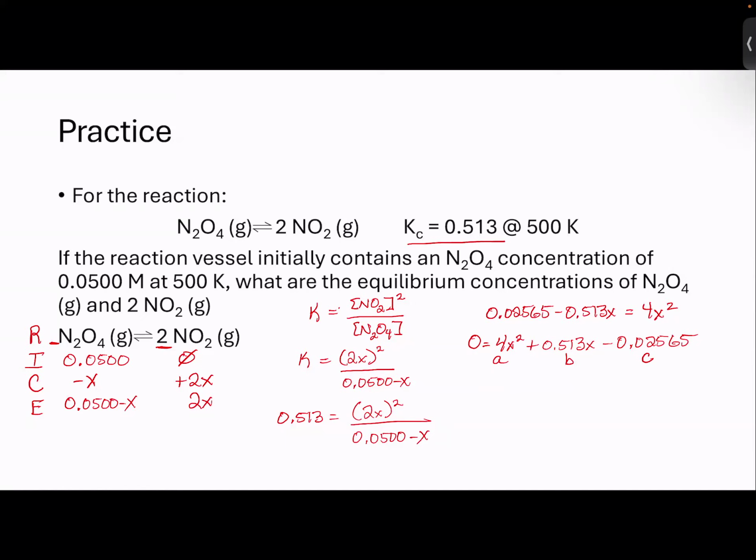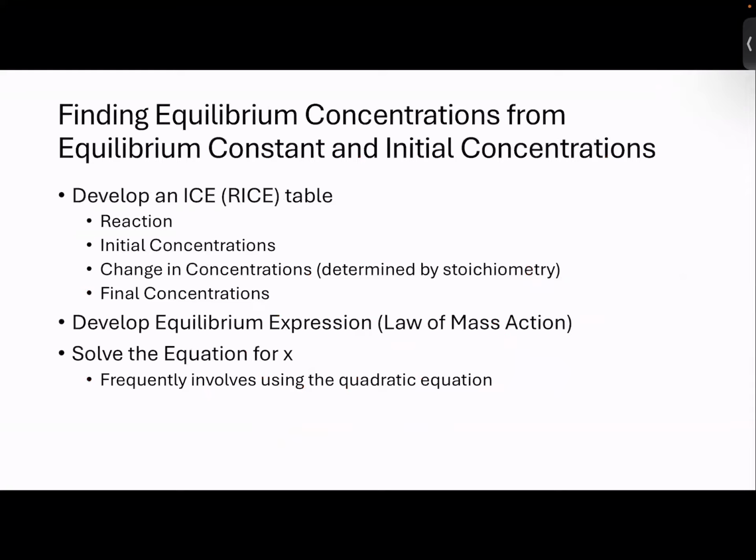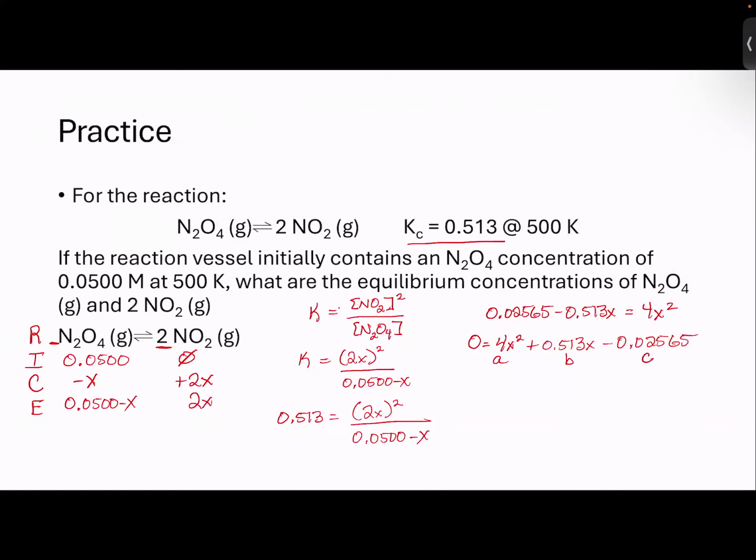So my A is 4, my B is 0.513, and my C is negative 0.02565. And when you solve your quadratic equation, you come up with two possible values. You'll get 0.0385, and you'll get an x of negative 0.167. Only one will be valid.